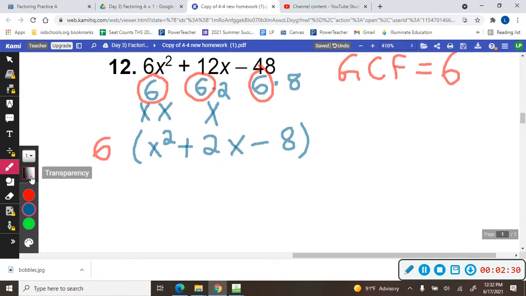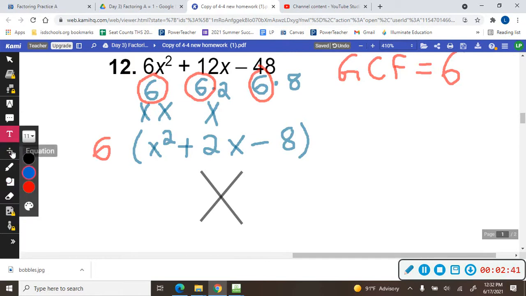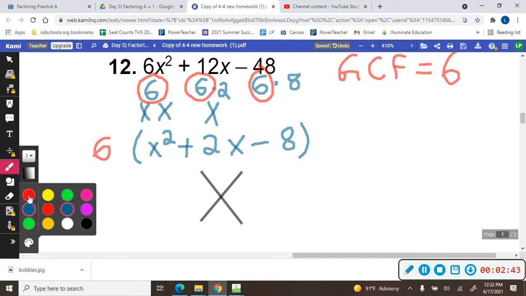So from there, I can make my factor x. And I'm looking for two numbers that multiply to negative 8 but add to positive 2.